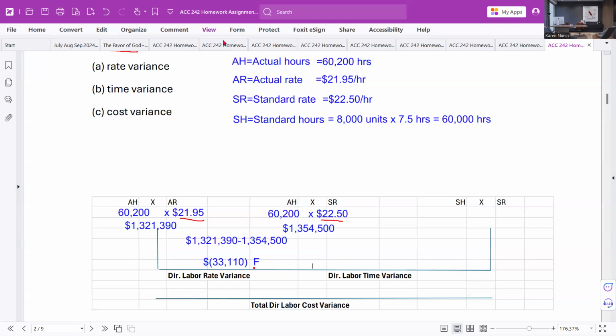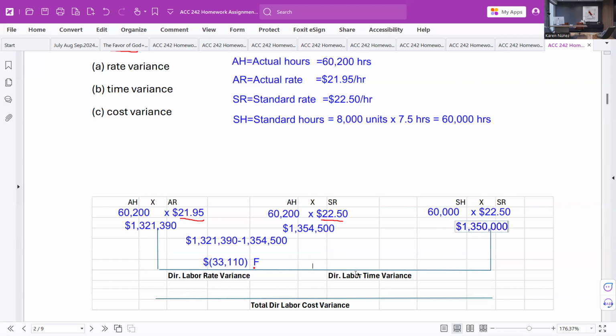And then we want to do the same thing for the time variance. So when we look at the time variance, we want to take those 60,000 standard hours and multiply times that standard rate, the 22.50. So the standard cost of this labor is 1,350,000.